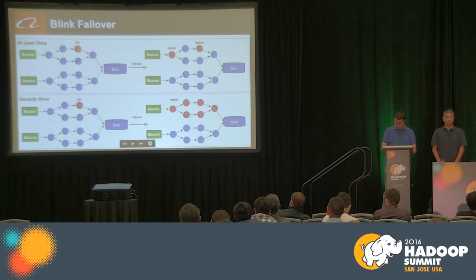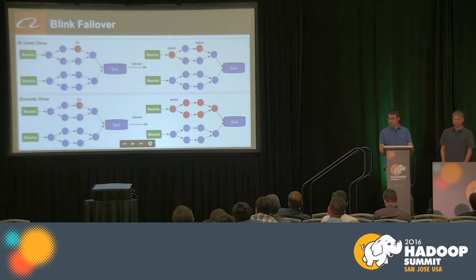Okay. As we know, stability is a major concern for every system. So in order to bring Flink to production, we did much work on stability. Take failover, for example. In Flink, if one task or the job manager fails, the whole job will be restarted. But in Blink, we change this.